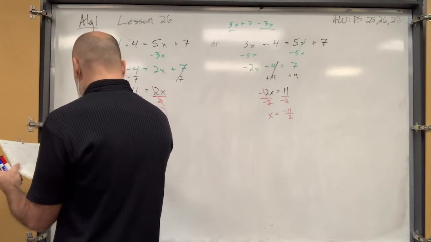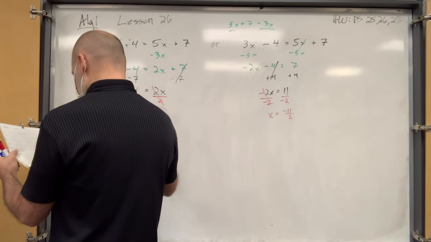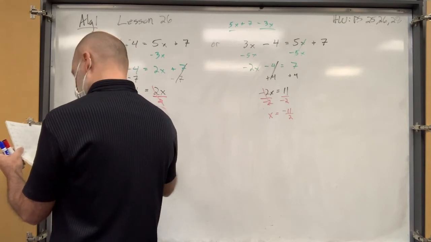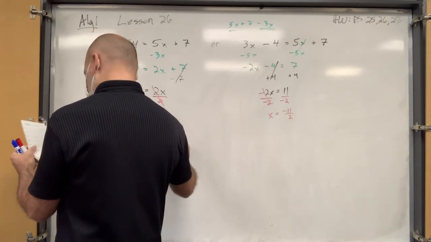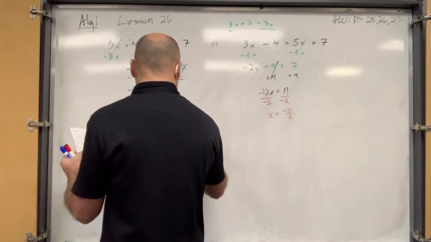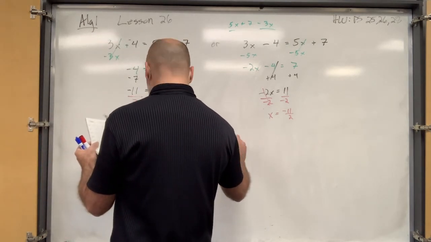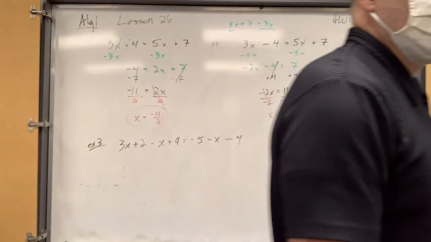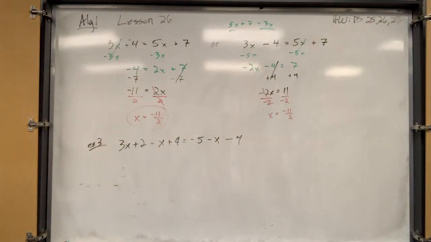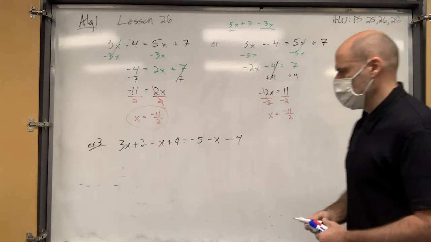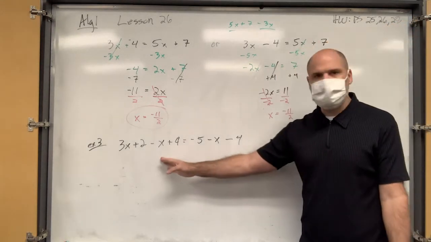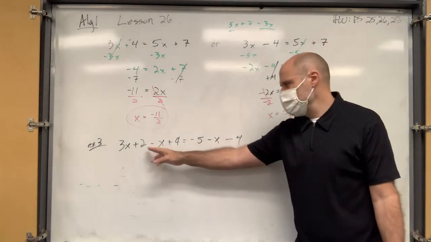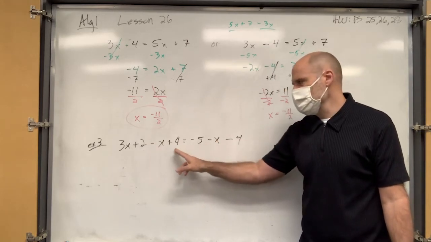Okay, let's skip to example 3 here. 3x plus 2 minus x plus 4 equals -5 minus x minus 4. What happened? This does not look like the previous problem. So that's a lot of x's and a lot of normal numbers. What do we call these normal numbers?